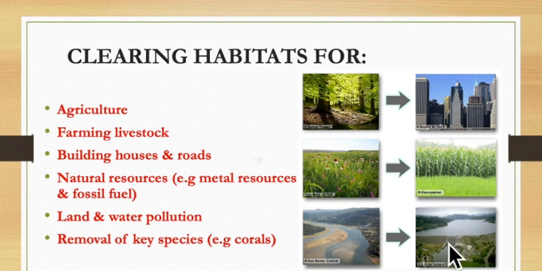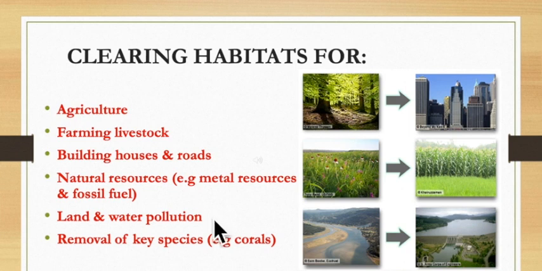And sometimes we use natural resources like metal resources and fossil fuel. So we damage the habitat in this way also. And we also add pollutants to the land and water, which can kill plants that normally live there and so change the habitat. When we kill the plants, carbon dioxide remains there. Increased carbon dioxide leads to global warming.